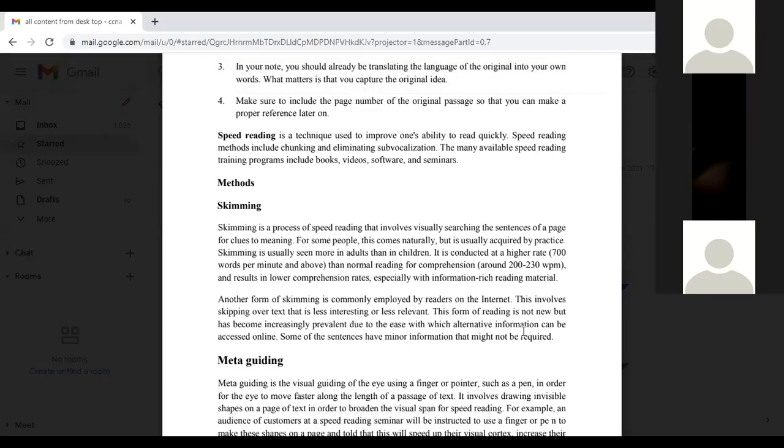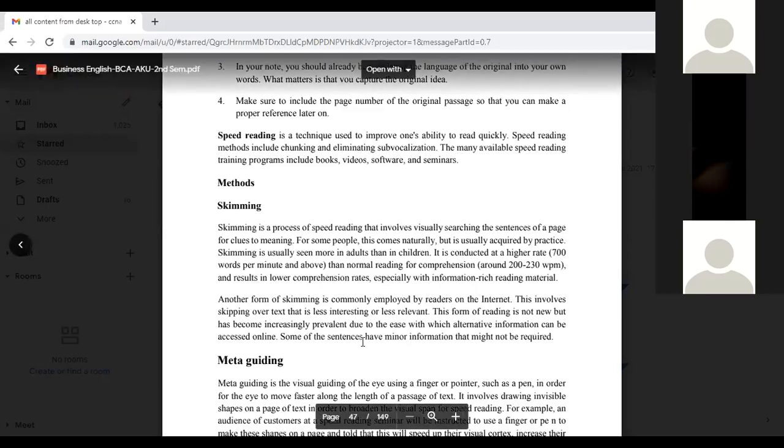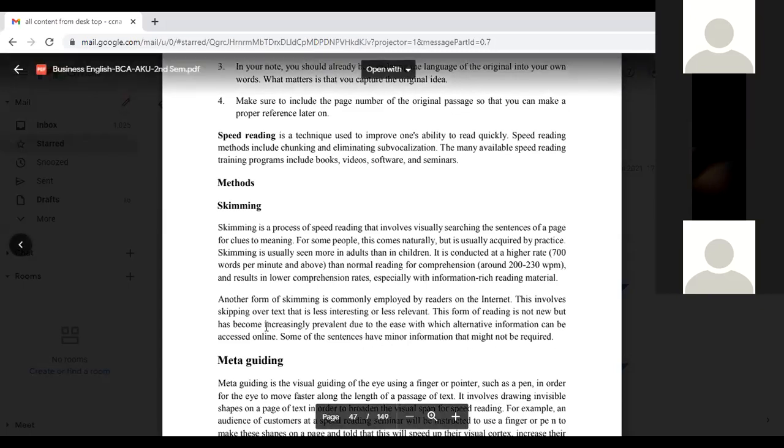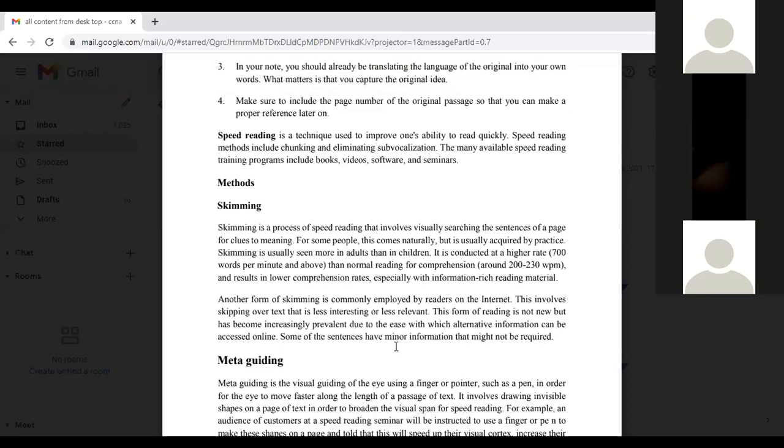This form of reading is not new, but has become increasingly prevalent due to the ease with which alternative information can be accessed online. Some of the sentences have minor information that might not be required. Even when we are talking about the internet, sometimes you read the newspaper, and you do not take down the complete information, but only things that matter. If you sit with the newspaper, do you have the time to read from the first to the last? You do not get the time to read the entire newspaper. You only read the headline and skip.